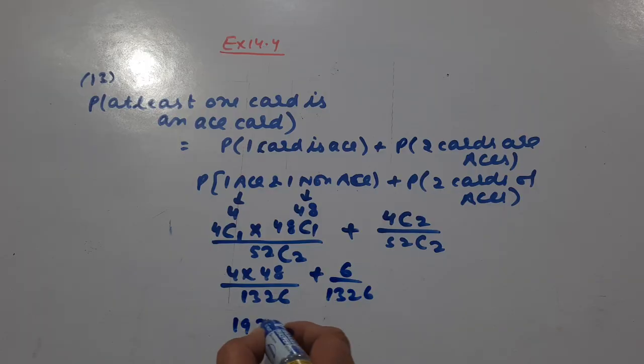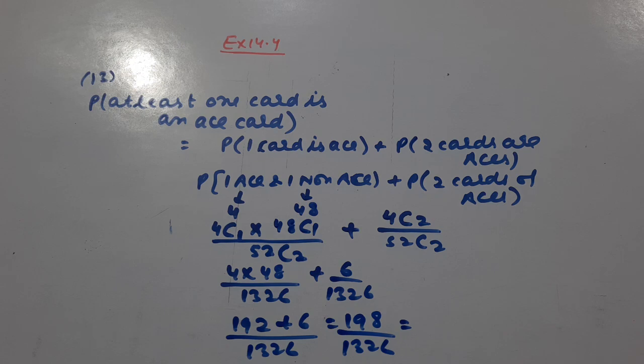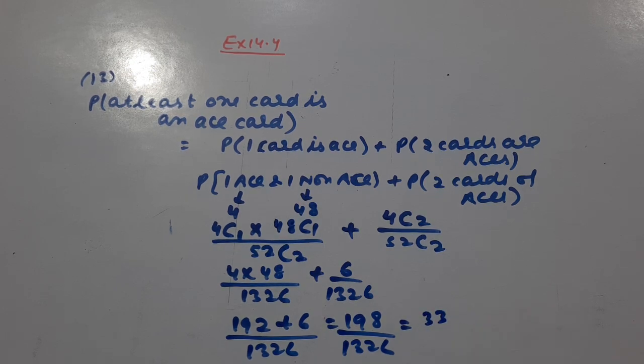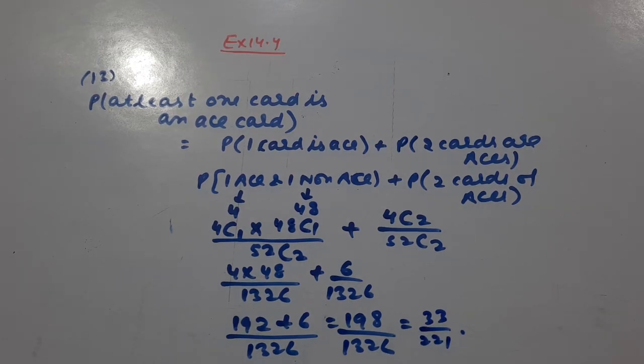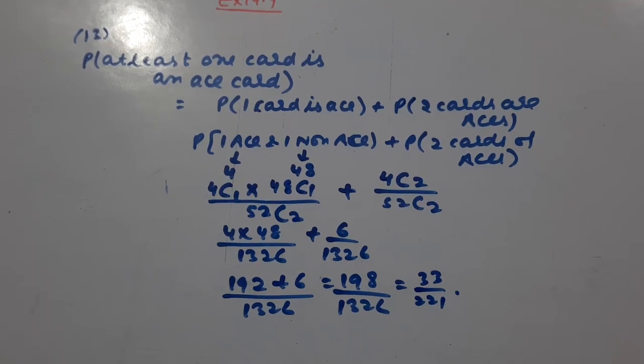So this is 192 plus 6 upon 1326. We get 198 upon 1326, right? And on simplifying it, we get 33 upon 221. Now this is the answer, students. I hope this is very much clear to you.